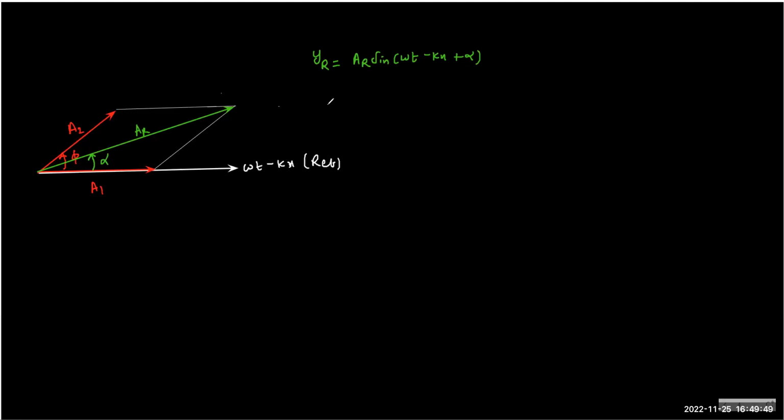Now finding AR is pretty easy. You can use the vector relation. Correct? Yes, sir. So this is the formula for the resultant.